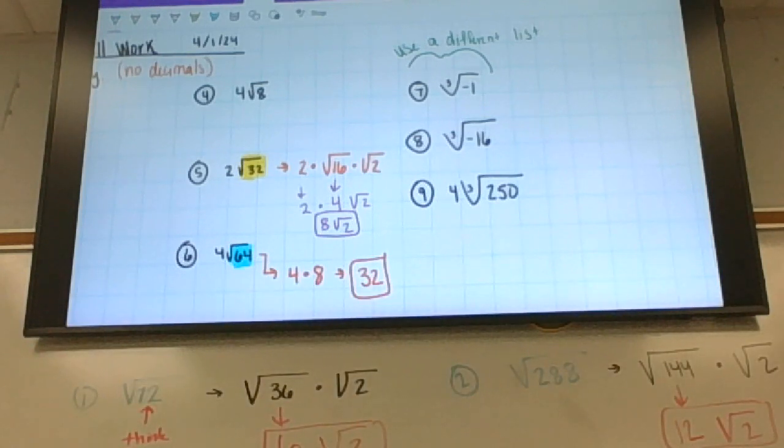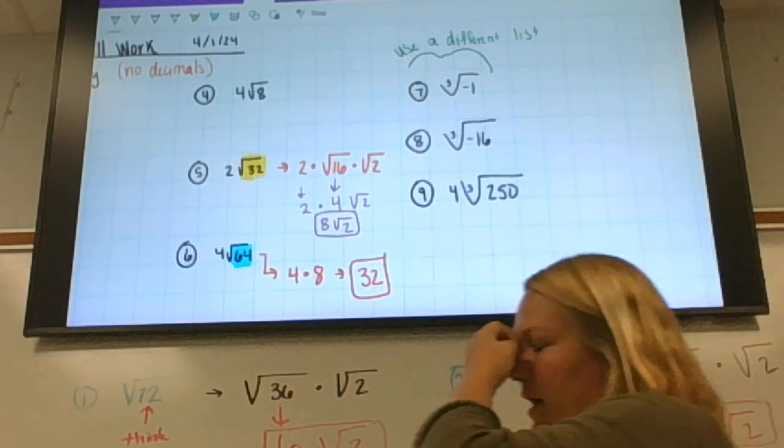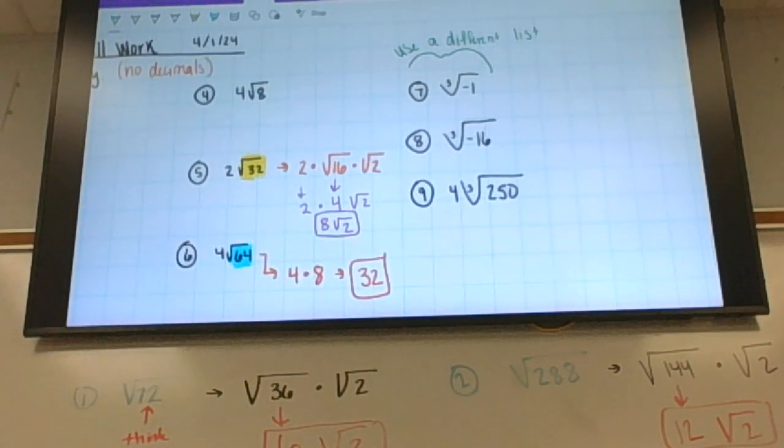So the weird thing about cubes is that cubes can be negative. Square roots cannot be negative, but cubes can. I'm gonna write that. Perfect cubes can be negative. So I don't know if you ever saw this, like when you try to square root negative 25, the answer is not a real number.